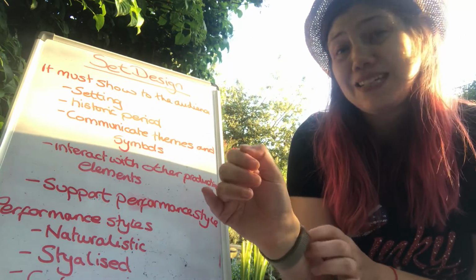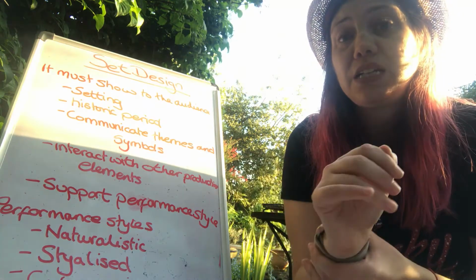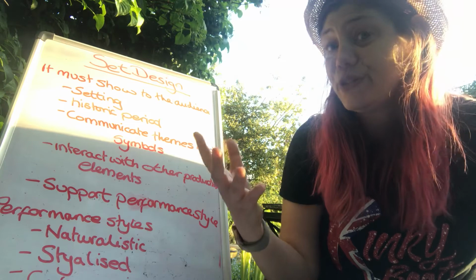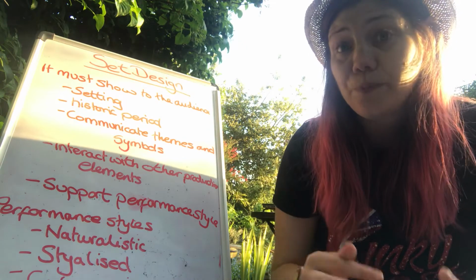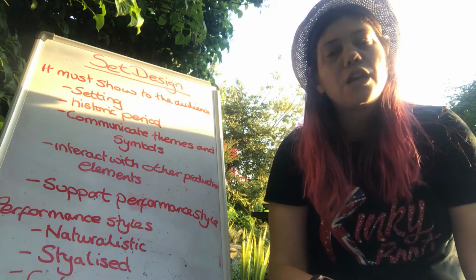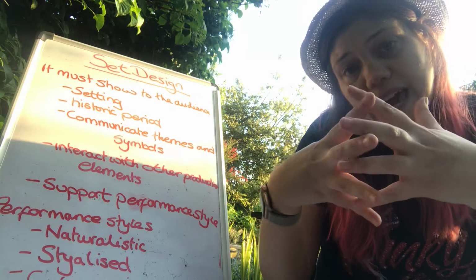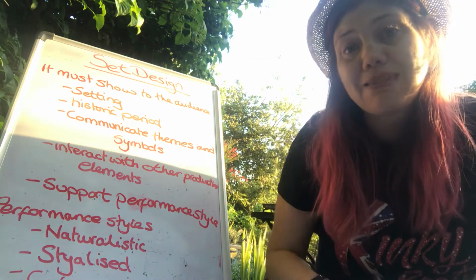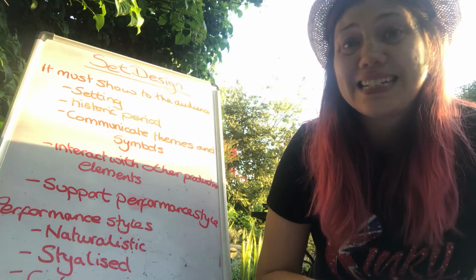Now, for a director, the set design is incredibly important, because it's a large scale that the audience are going to see and take meaning from. Every element is important because it all works together, but one of the big things, particularly for a director, is that set.